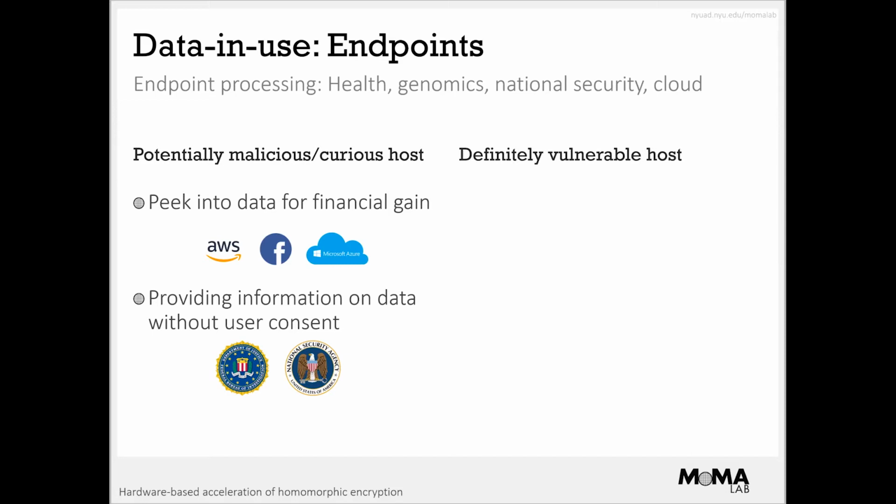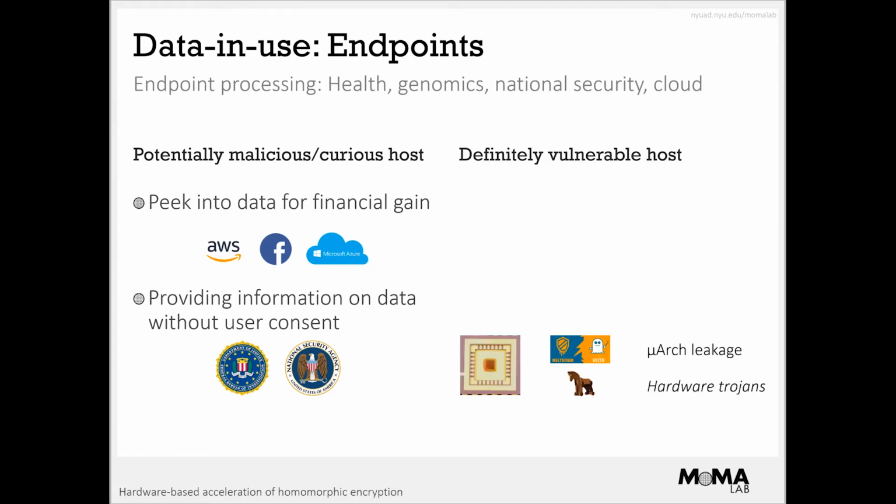But there's also the case that we have on our own computers, right? Our own computers also have vulnerabilities across the stack. At the hardware level, we've seen microarchitecture leakage with Spectre and Meltdown and other attacks. There's research on hardware Trojans, even though there are not many documented cases. Still, the hardware leaks, as we also saw in the previous talk with side channels. The operating system has vulnerabilities; it has some bugs that can be exploited.